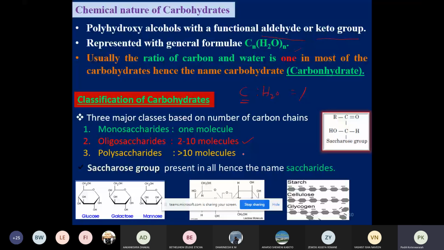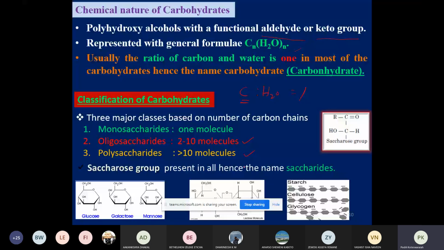Monosaccharides have only one sugar residue, whereas oligosaccharides are composed of 2 to 10 monosaccharide residues, and polysaccharides are composed of more than 10 monosaccharide residues. In all these carbohydrates, the saccharide group is present. That's why the name saccharide is used.